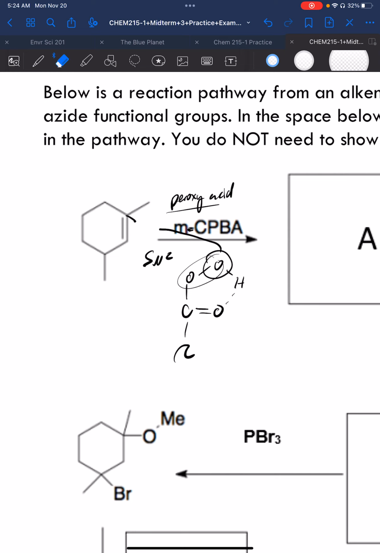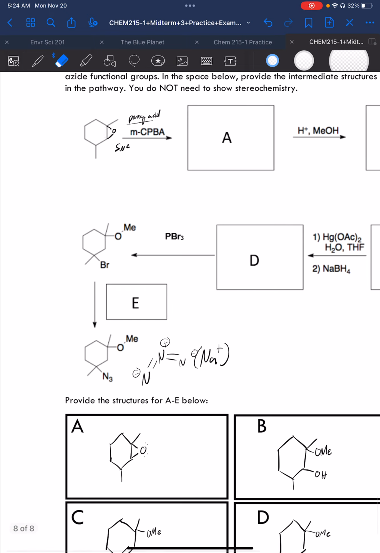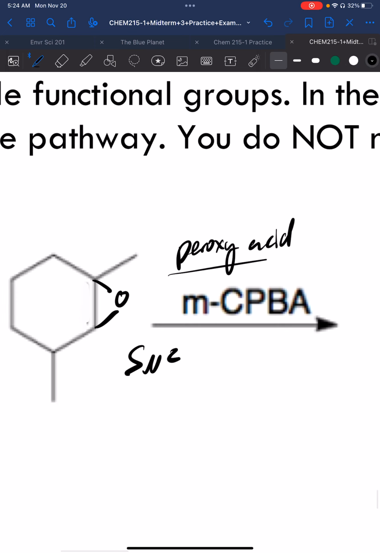because somehow this is more stable than what it was before in the peroxy acid, and this simply promotes the formation of the epoxide, which gives the first answer. And in the answer key, it indicated that this was on a wedge and this was on a dash.